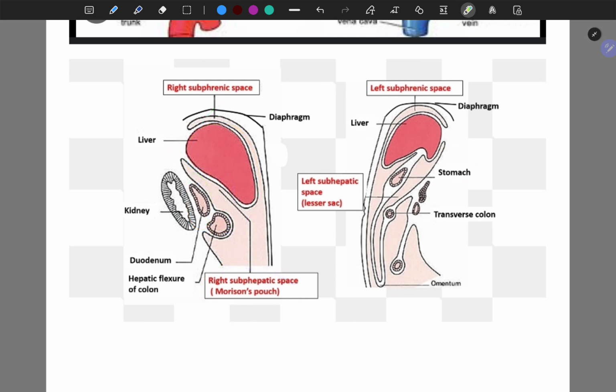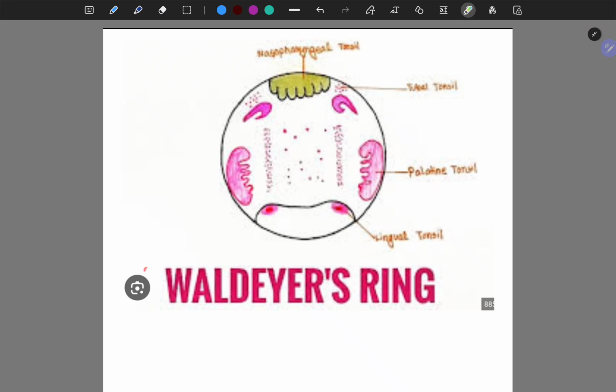Left subhepatic space between a portion of the liver and the diaphragm. The left subhepatic space lies between the lesser sac, which lies between the kidney and the stomach.